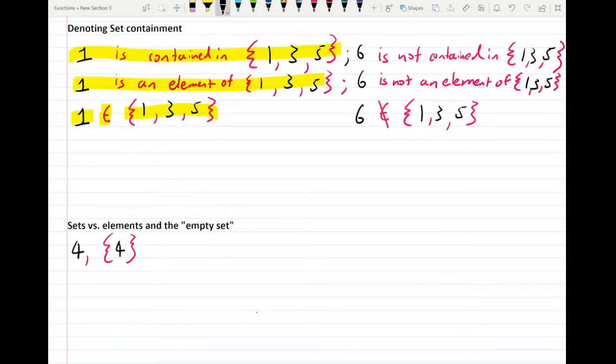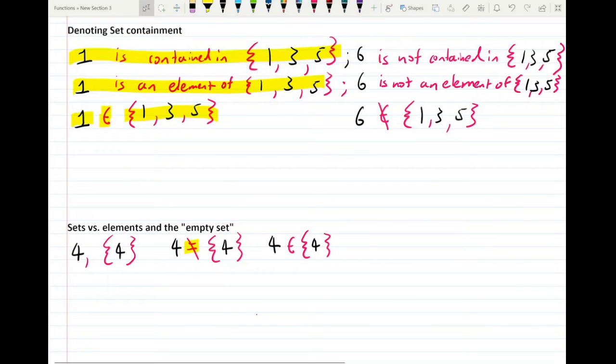Even though it might look like these are basically the same thing, they aren't, because one of them is a set, and one of them is a number, and numbers are not sets. So it's not accurate to say that one equals the other. What you would say is that 4 is contained in the set containing 4, which sounds like a bit of a meaningless sentence, but it's necessary.